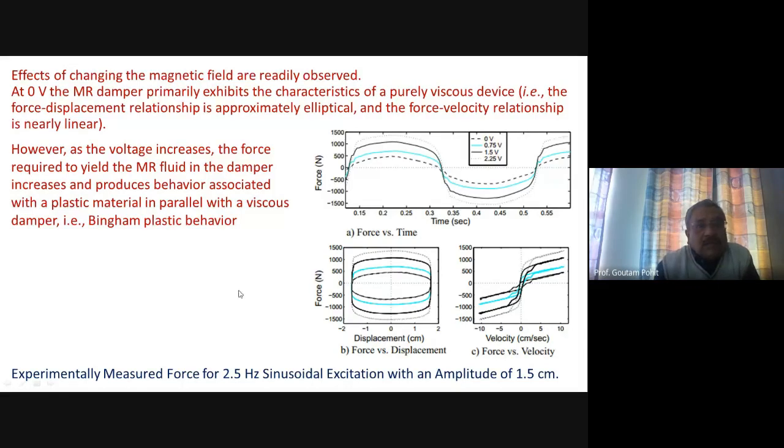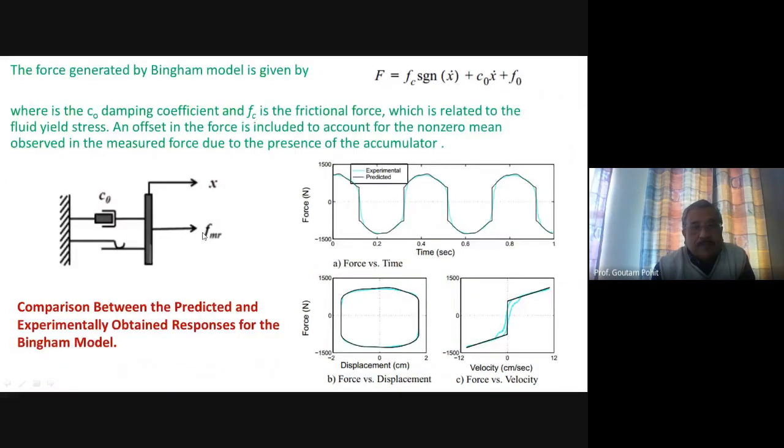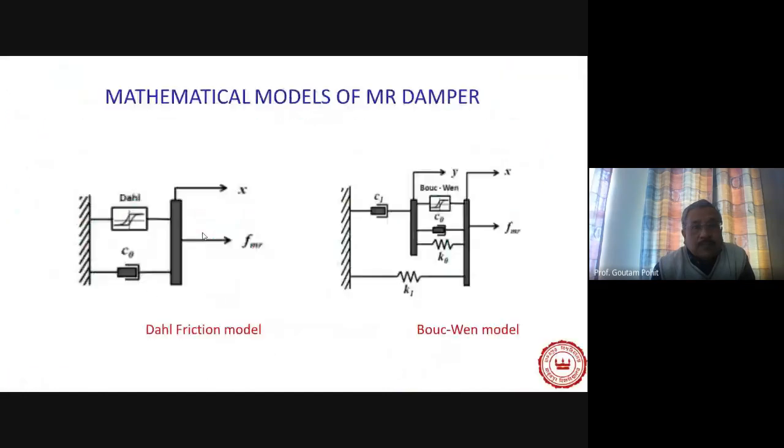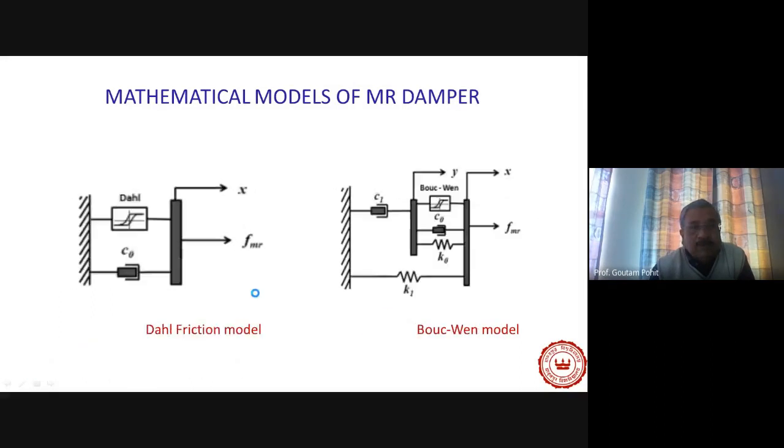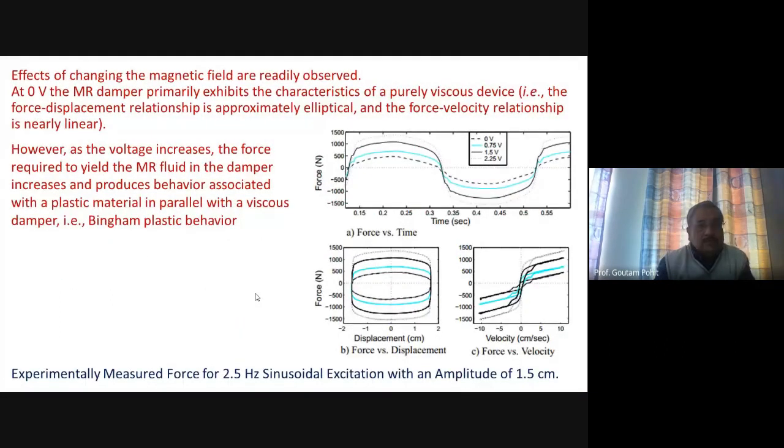And with the change, they will behave like a Bingham plastic behavior. Okay, Bingham model. So in this particular case, the experimentally measured force, a 2.5 hertz sinusoidal excitation was given with an amplitude of 1.5 centimeter.